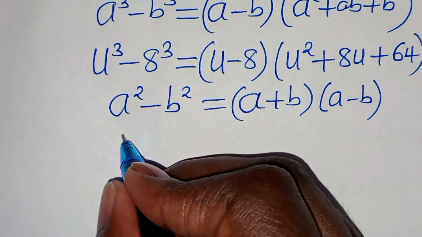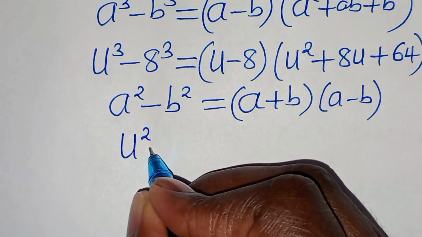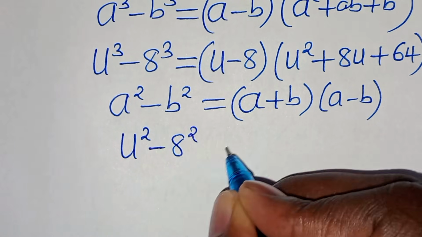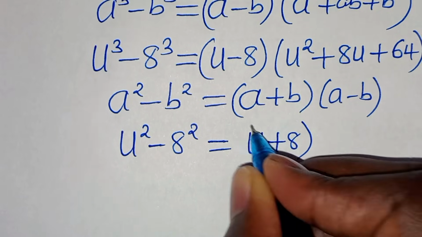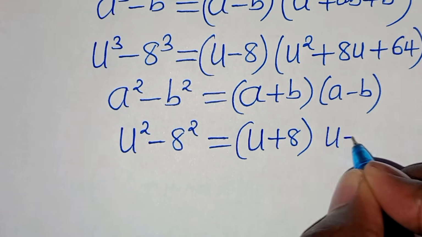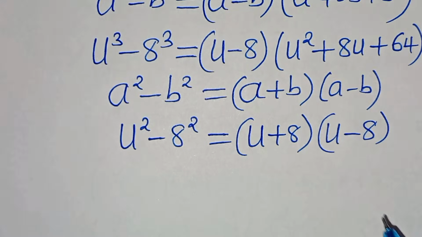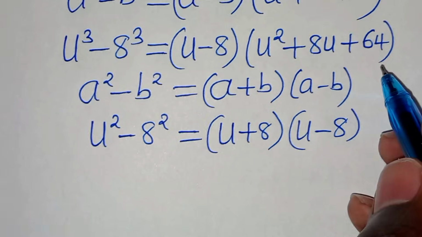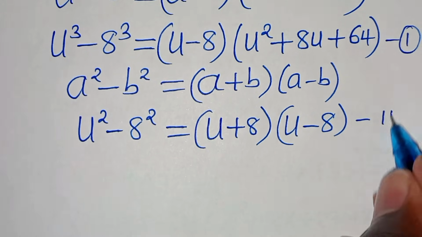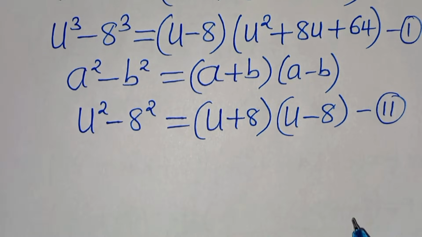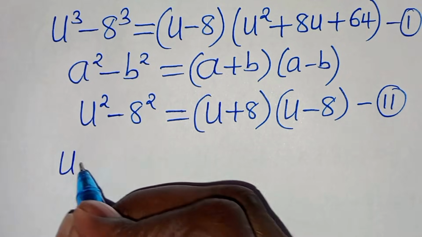So this means we have u squared minus 8 squared. This is equal to u plus 8 multiplied by u minus 8. Now, let's combine this first part here and the second part here, which means that we have u minus 8.